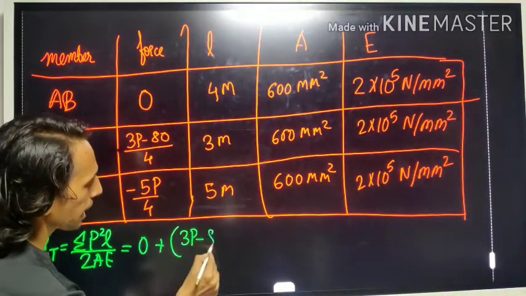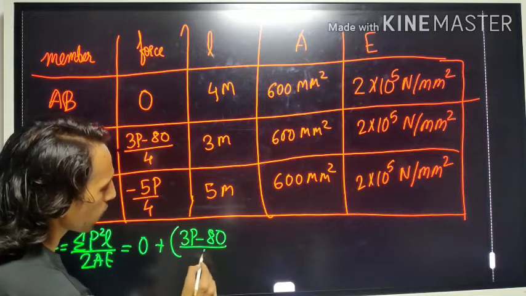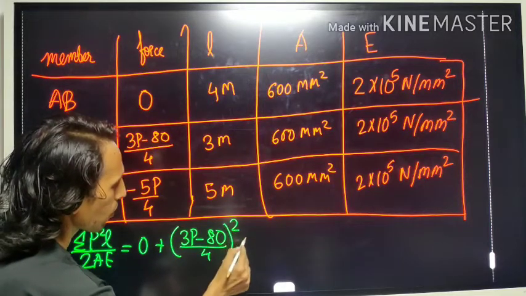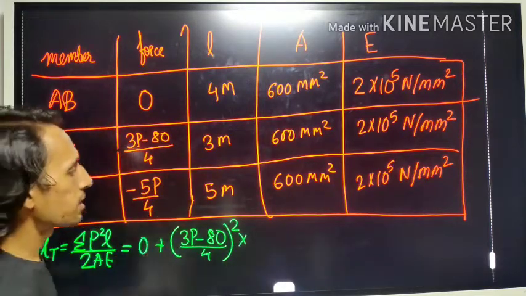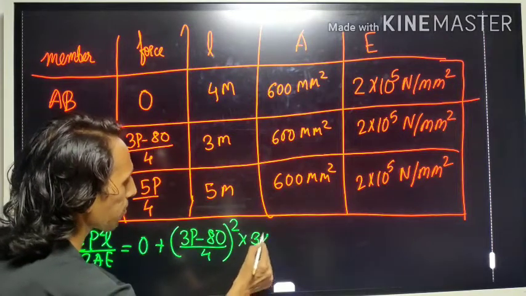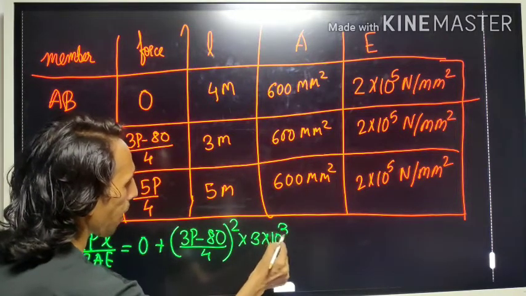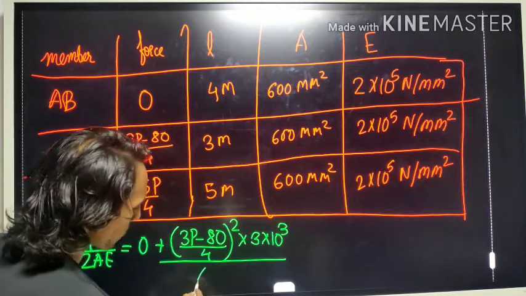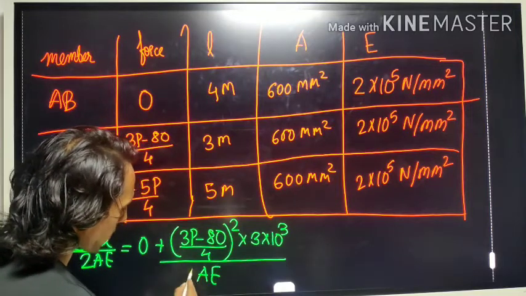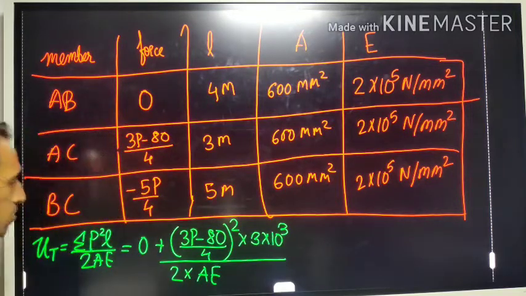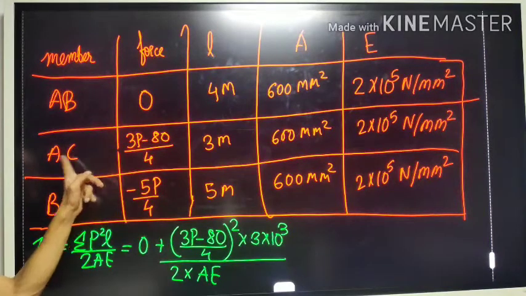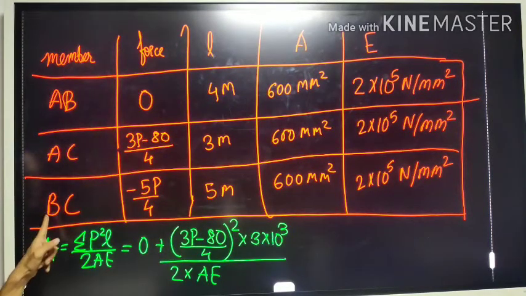(3P minus 80) divided by 4, squared. What was the length? 3 meter. So 3 meter, I am converting it into mm, divided by A into E, and then 2 for the second member AC. Then what was the third member? BC.